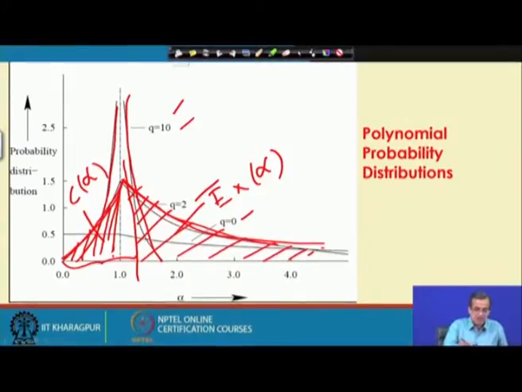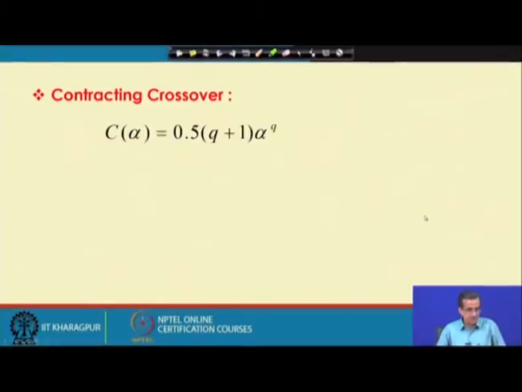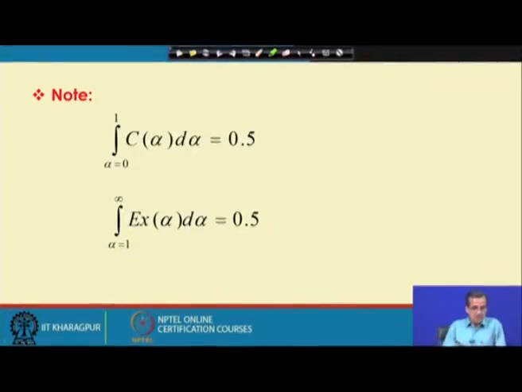Now, this particular thing I have actually written in the slides. So, integration from alpha equals 0 to 1, that means I am in the contracting zone, of C alpha d alpha is equal to 0.5. Similarly, integration from alpha equals 1 to infinity of E x alpha d alpha is equal to 0.5. So, these two conditions are to be fulfilled.